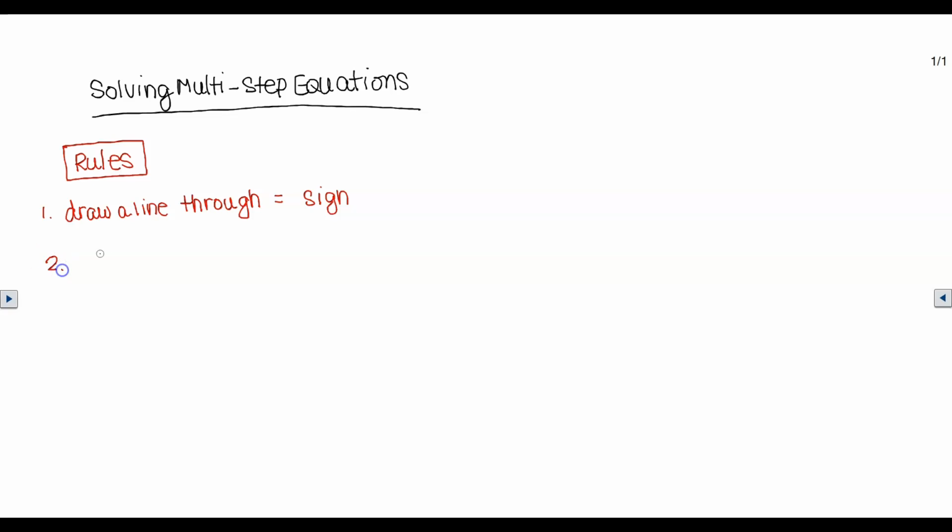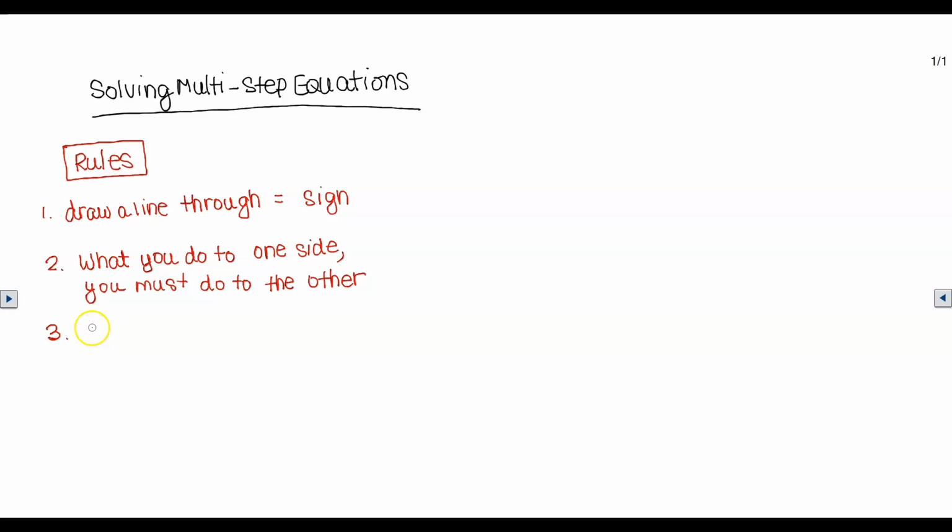You needed to see that it has two sides because rule 2 is what you do to one side you must do to the other. An equation is balanced, like a balanced scale, and we have to keep it that way. So if we do something on one side, we have to do it on the other to keep it balanced.